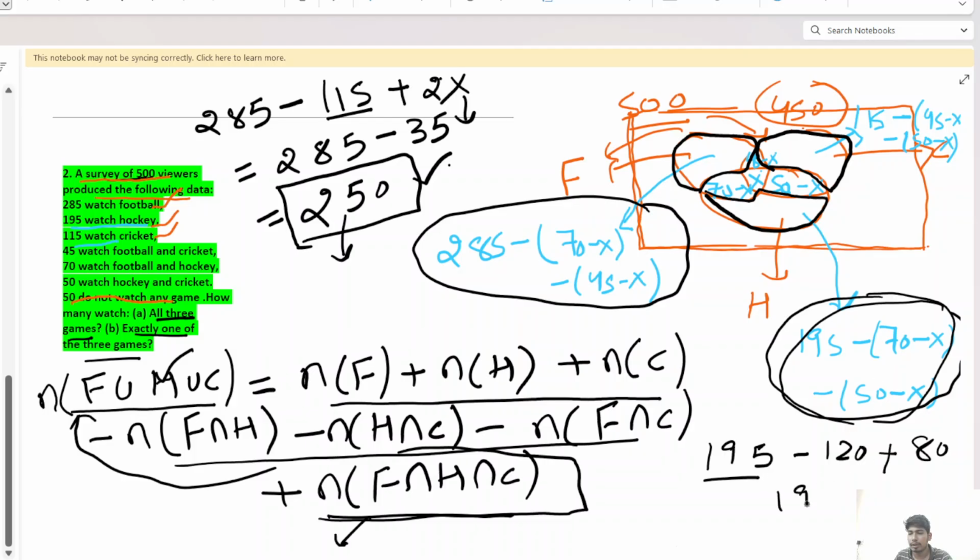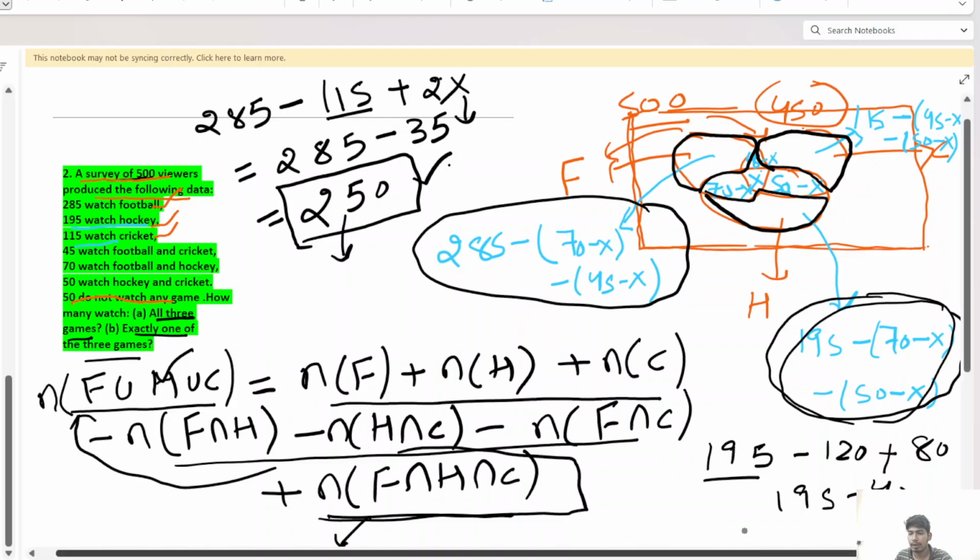Then this is minus 40 and we get 155 players only hockey, and this is 115 minus 95, this 20 and plus 80, this is 100. So we get people who watch only football is 250, only cricket is 100, and only hockey is 155.